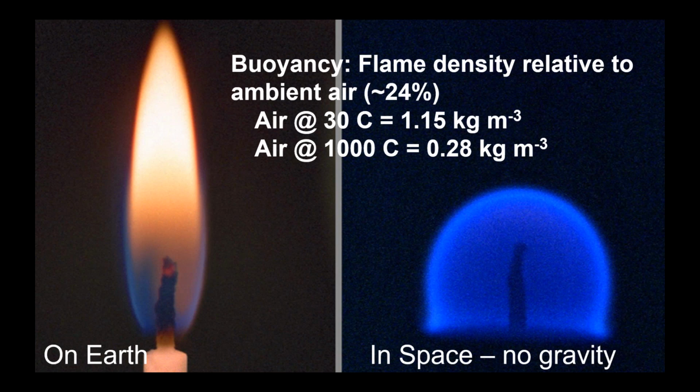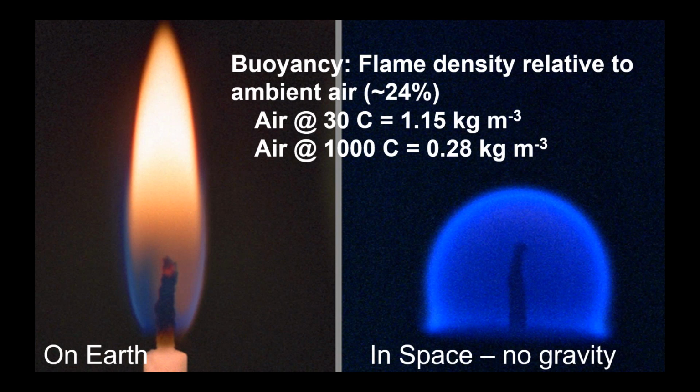And that's why we get a candle flame that is oriented vertically on Earth: because those hot gases rise when gravity pulls down on the cold air, which forces it up.